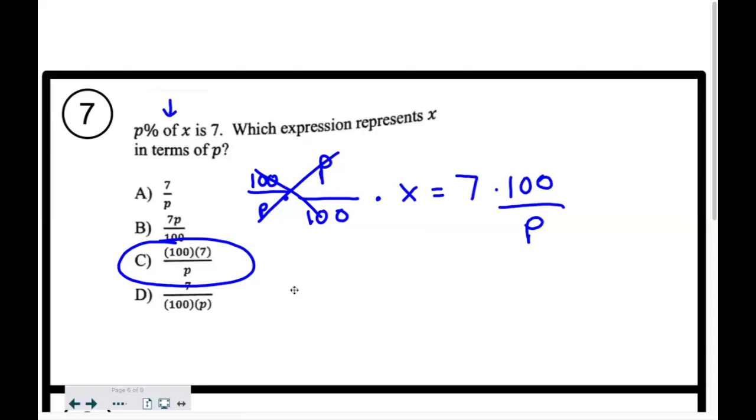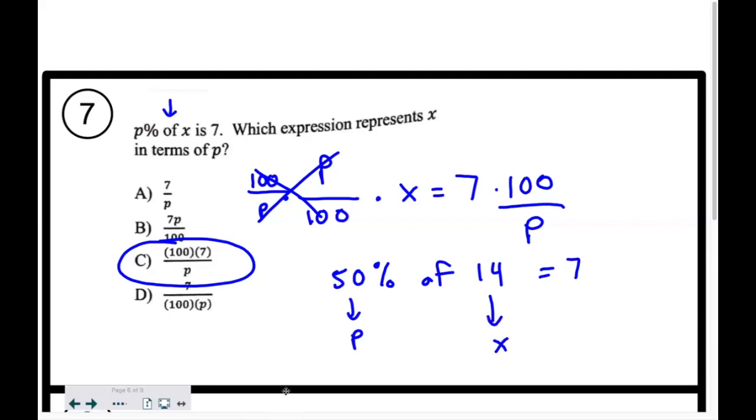So, another way, if that's confusing, is just pick values. Just be like, 50% of something is 7. Well, 50% of 14 is 7, right? And we should know that. So that means we chose P to be 50 and 14 to be X. All right.